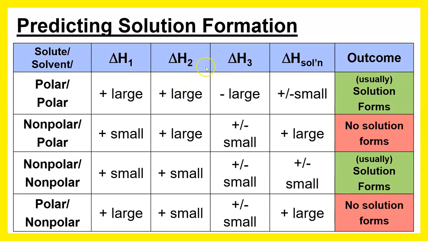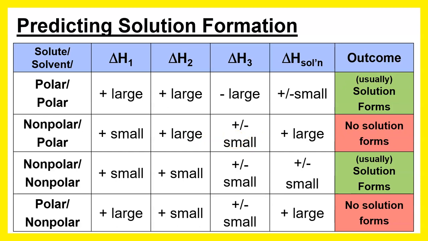Depending on the exact numbers here, usually a solution will form. Usually this will result in a negative value. If you have a nonpolar solute, it won't take very much energy to pull apart. It'll take a lot to pull the solvent apart because it's polar, but you're not going to get much interaction there.